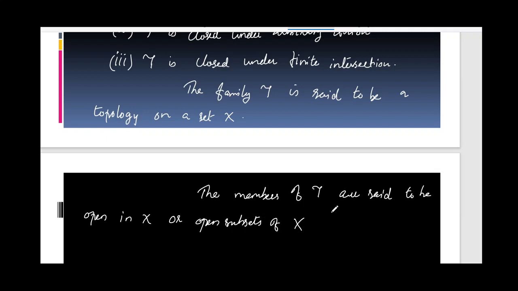Or in the real line you would take the open intervals, or unions of open intervals, and say these are open sets. But here in topology, open sets are whatever members are in the family that you considered for defining a topology. Those members are said to be open sets.